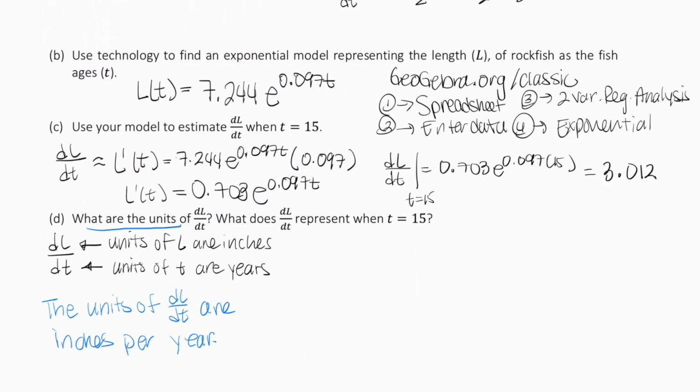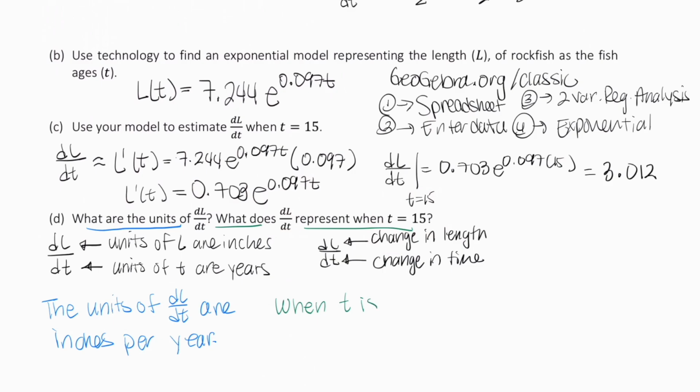Okay, so now let's talk about the second part. What does dl dt represent when t equals 15? I'm going to start by writing dl dt again, just so you guys get more used to this notation and what it means. Our numerator here is telling us that this is the change in L, the change in length. And the denominator here is the change in time. Now, literally what this is, and we'll get into more of an explanation next, when t is 15, dl over dt is 3.